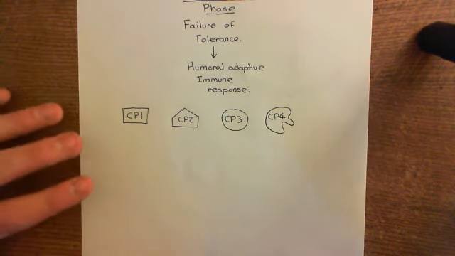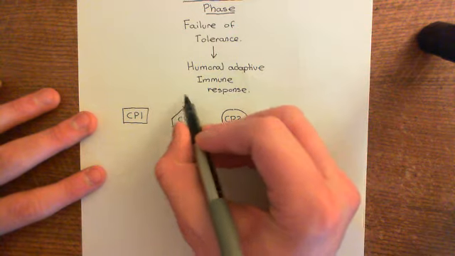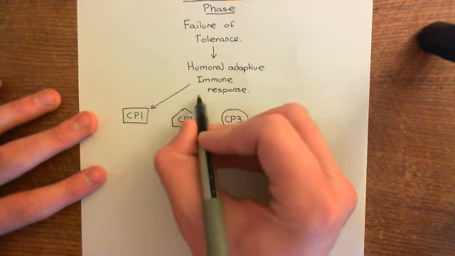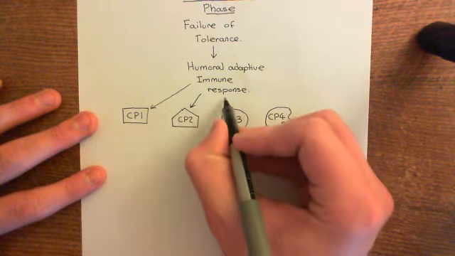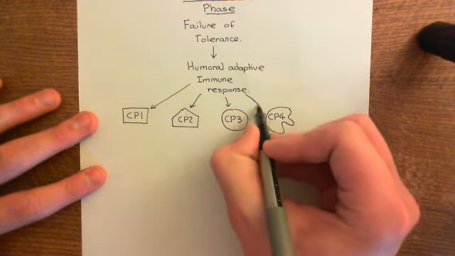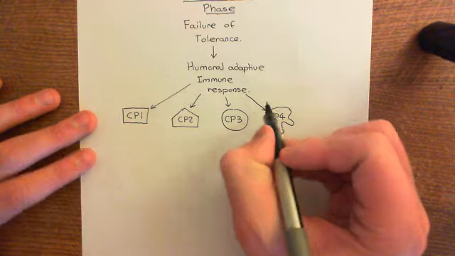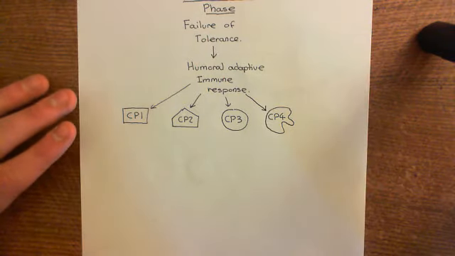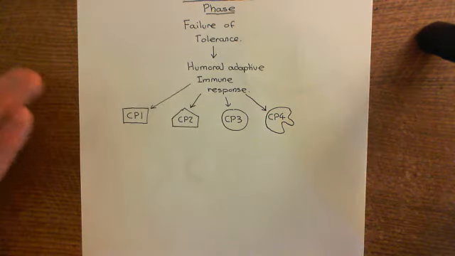Okay, so you're going to initiate separate humoral adaptive immune responses against all of them, and this doesn't just happen all at once. It happens gradually, so gradually you get immunological tolerance failing for many different citrullinated proteins, and it seems to specifically be for citrullinated proteins. It's not for any old protein.